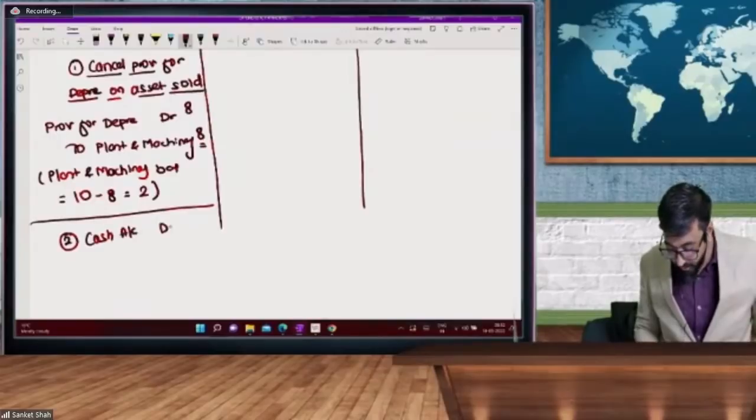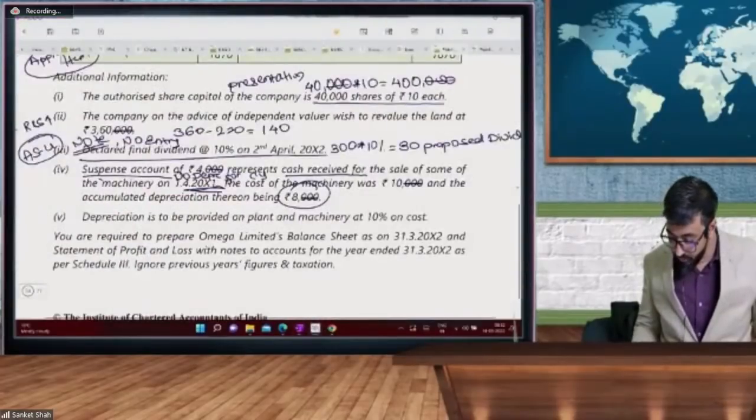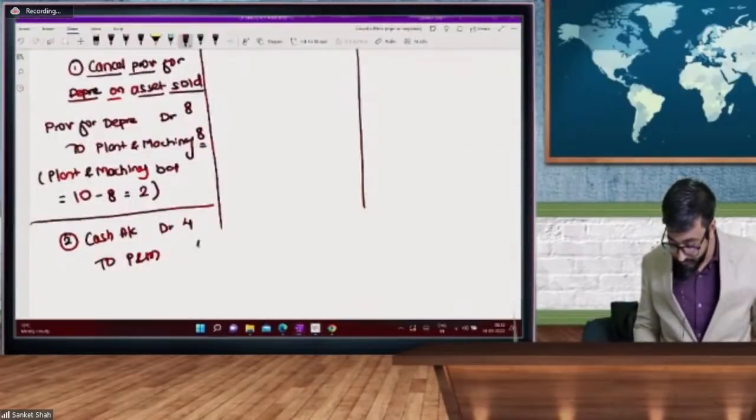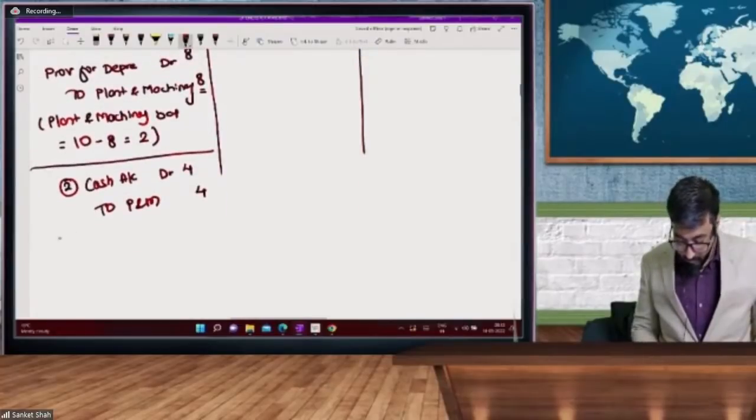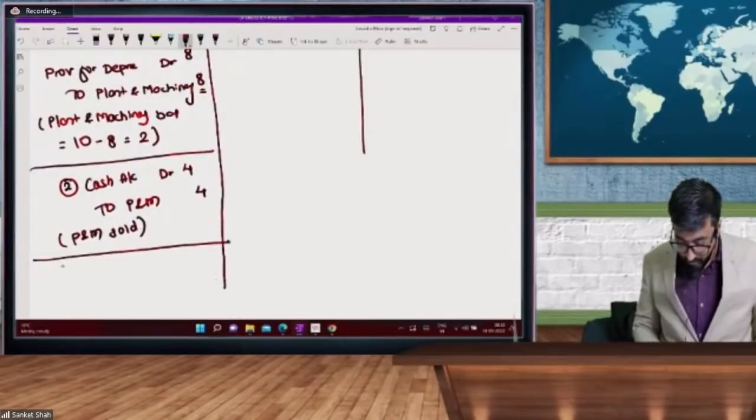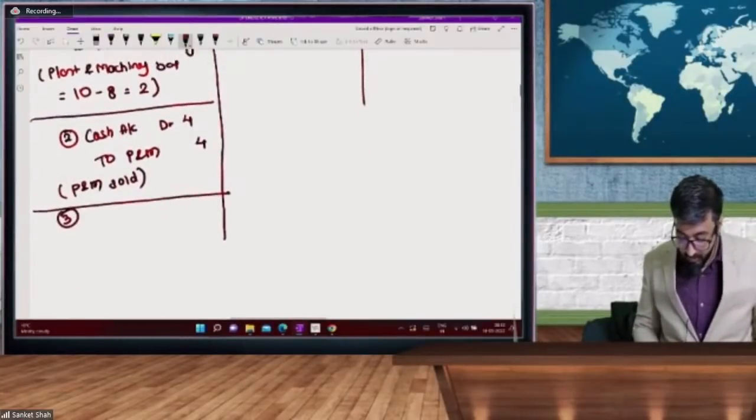Cash account debit 4, to plant and machinery. How much you received? You received 4 rupees. And what is the third entry?